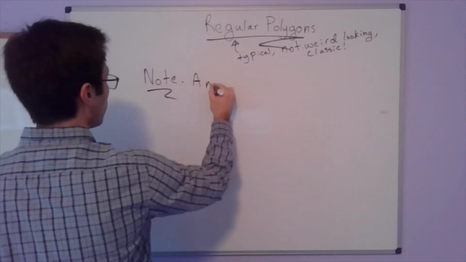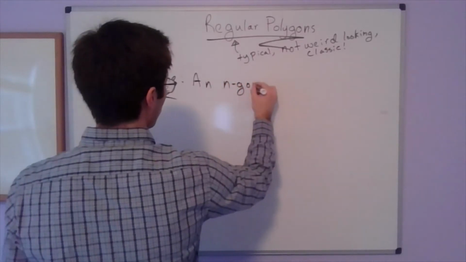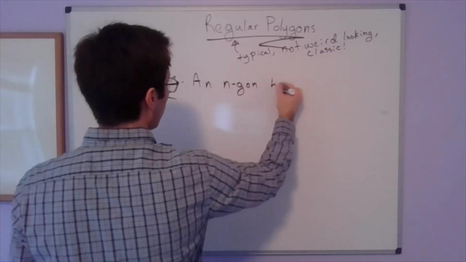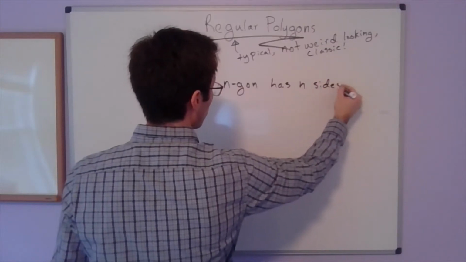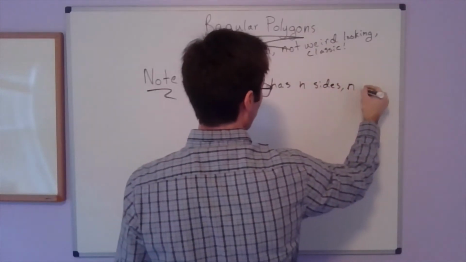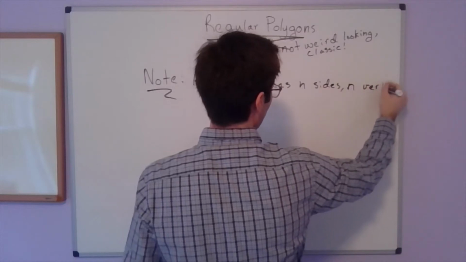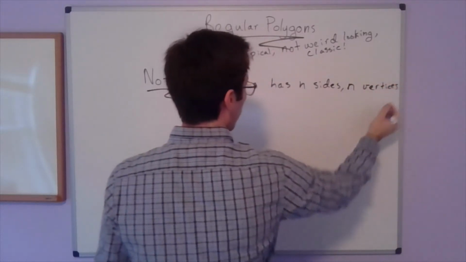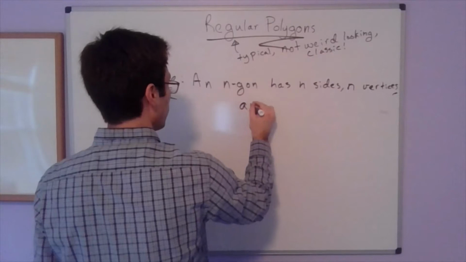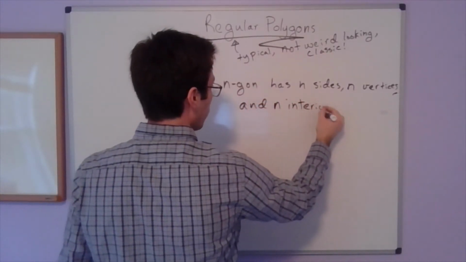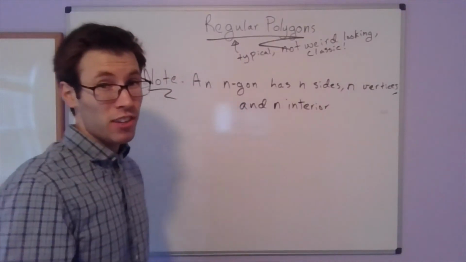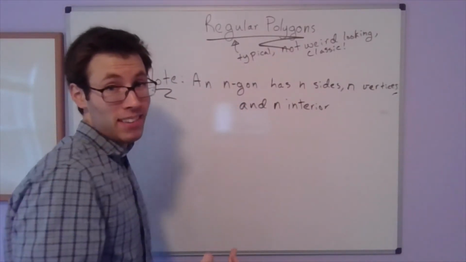An n-gon always has n sides or edges, n vertices or points, and n interior angles.